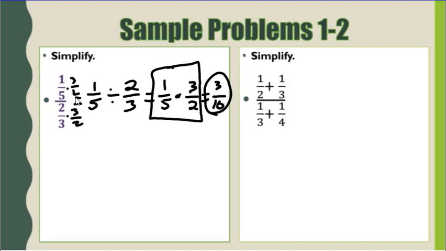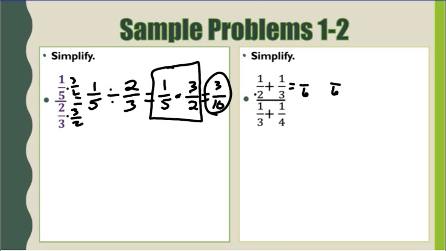Our second example here, before I can multiply or do the division, I need to simplify the numerator and the denominator. When I'm adding in the numerator, 1/2 plus 1/3, I need common denominators. The common denominator of 2 and 3 is 6.